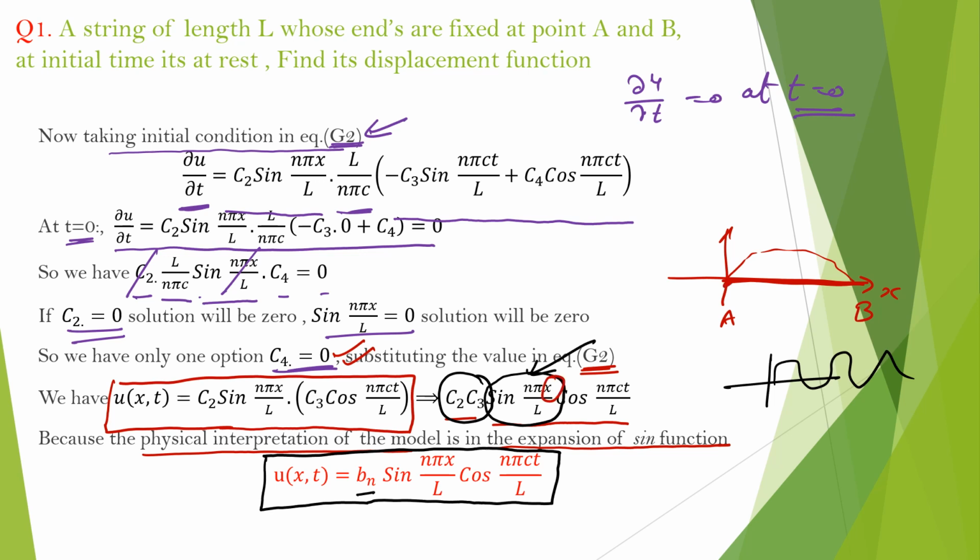If we don't have points A and B, then the model does not exist. So it is mostly depending upon sine, not on cos, because cos is a function of t. So it is depending upon x. So C2 and C3 are converted into Bn. Bn is the term which is used in the Fourier series.